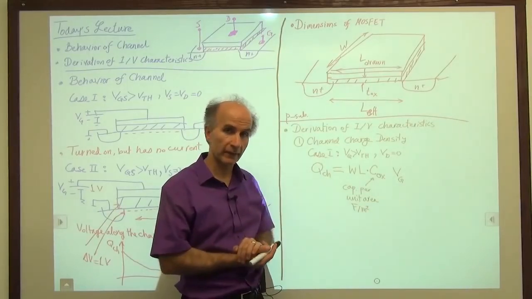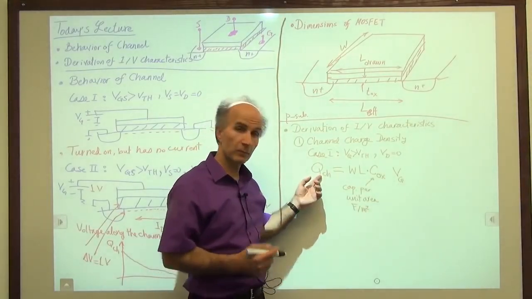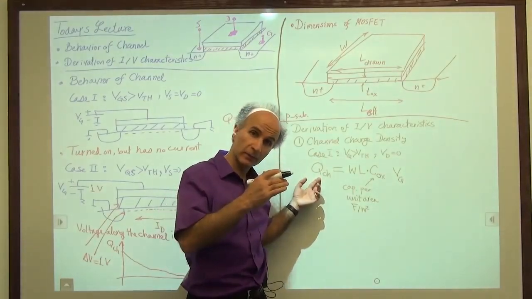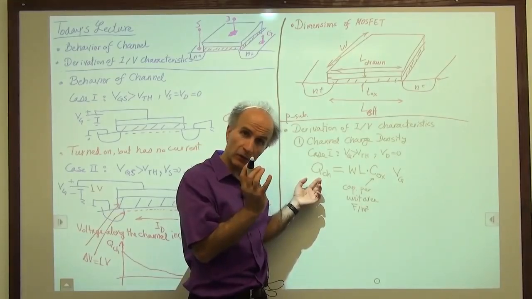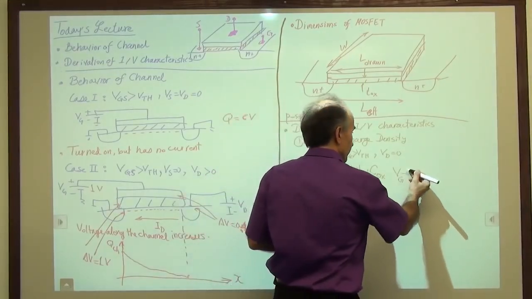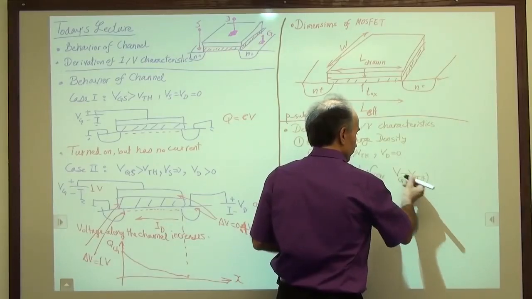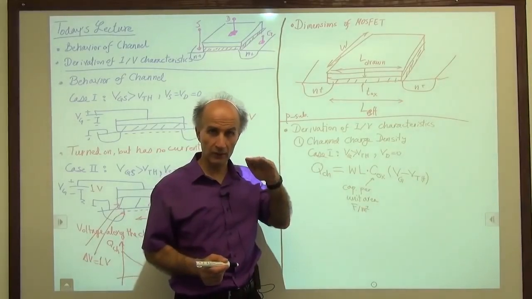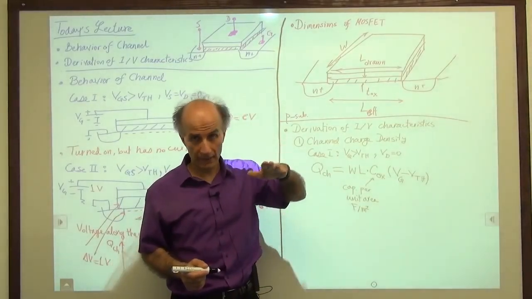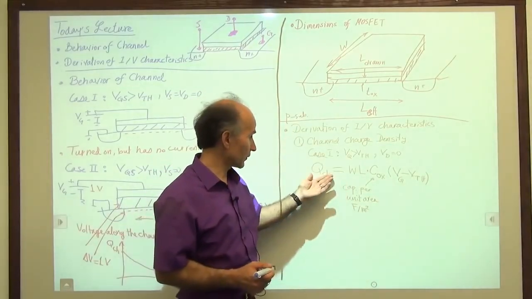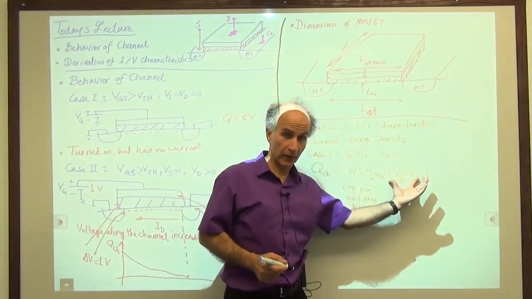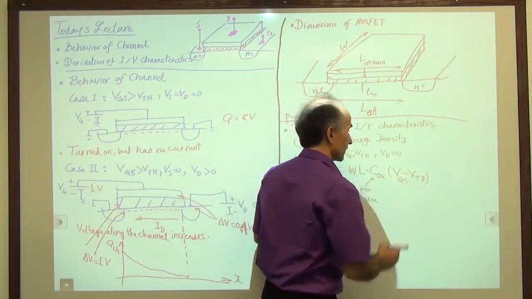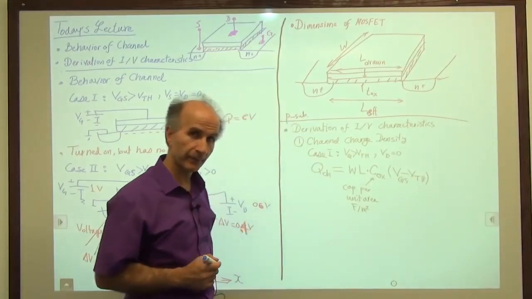So how do I take care of that? In other words, the channel charge begins when the gate voltage exceeds a threshold. So we need an offset of a threshold inside here, meaning we just offset this by one threshold. So now you can see that if VG is equal to one threshold, the charge is 0. We have no charge up to one threshold, and then we have channel charge. So the channel charge is proportional to this quantity, not just to VG. In fact, usually we write this as VGS, the gate source voltage difference.